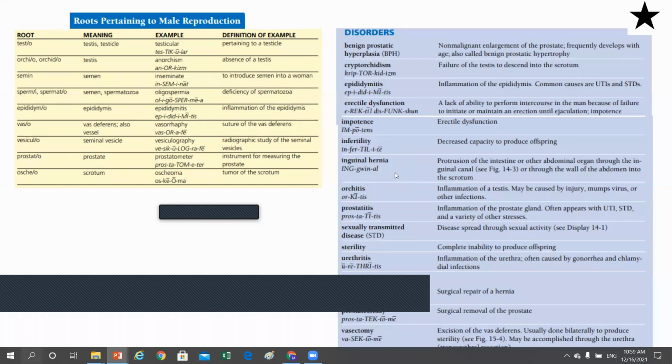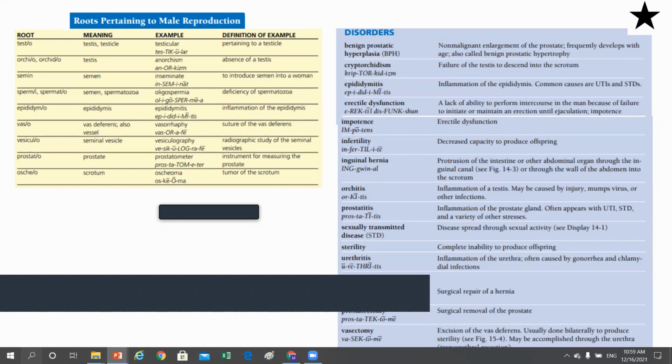Then inguinal hernia. Now, the word hernia, we were introduced to in the study of the gastrointestinal system. Any normal content of our body, for example of the abdomen, if it is pushed out through any region, for example through the umbilicus or through the inguinal region, that we call herniation.